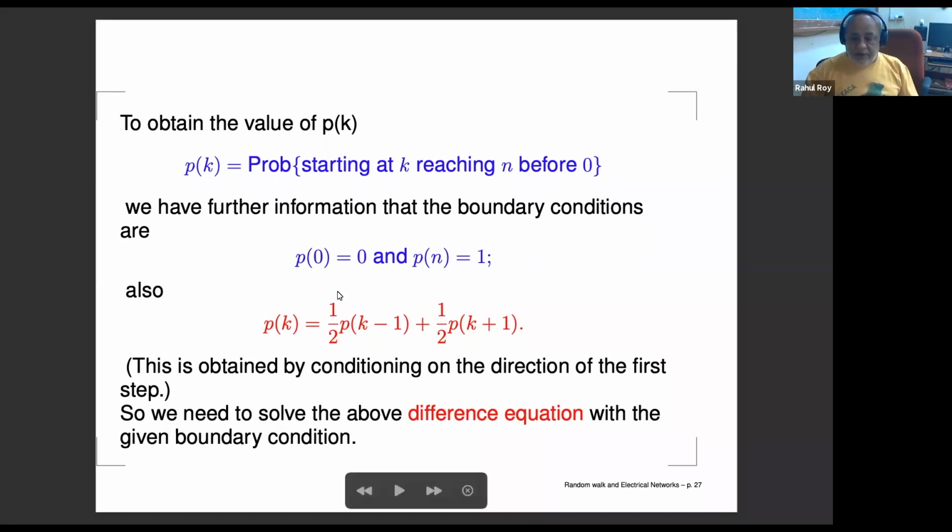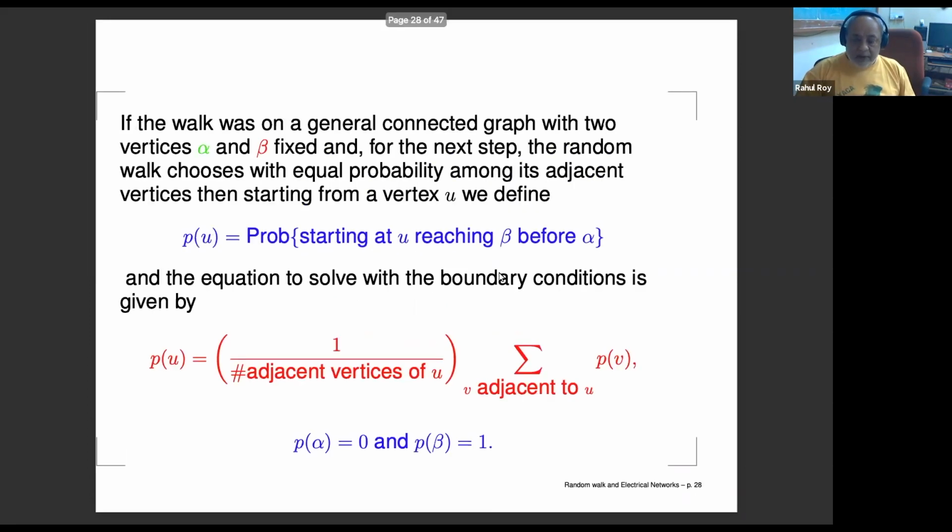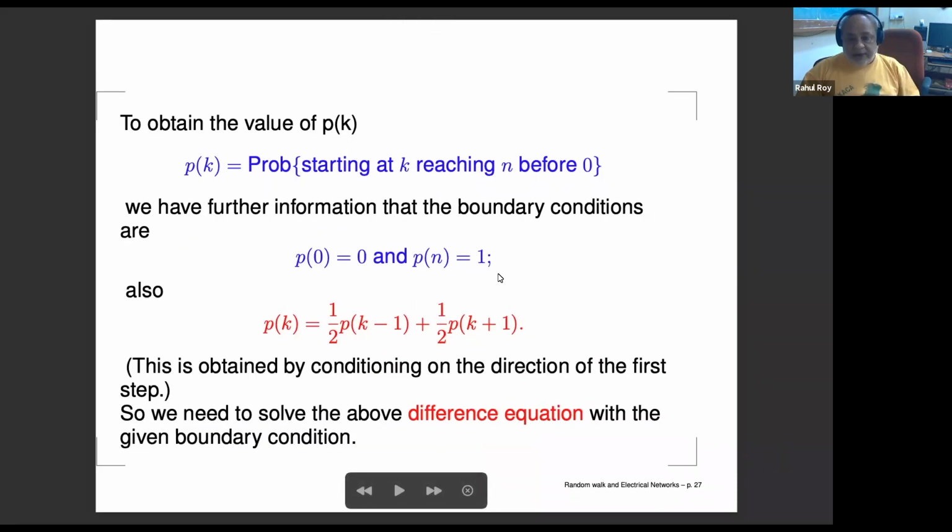The probability the first step is to the left is half, and similarly this is half, and that's where pk minus 1 and pk plus 1 come from. So what we have in mathematical parlance is called a difference equation, with the boundary condition given by this blue line, p0 equal to 0 and pn equal to 1. So we want to solve this difference equation with these boundary conditions.